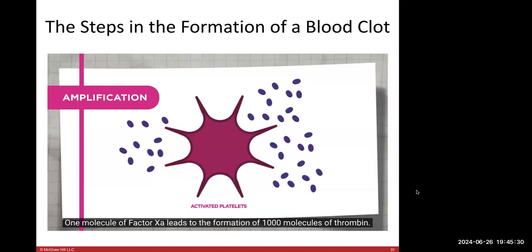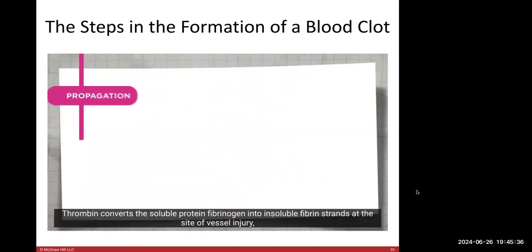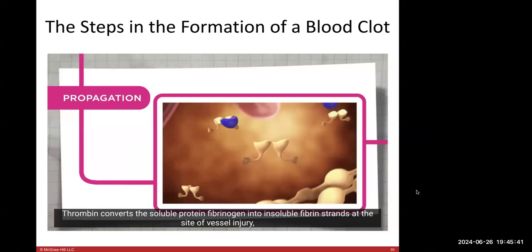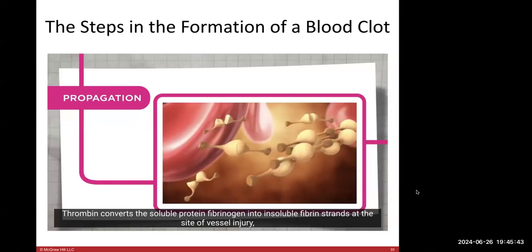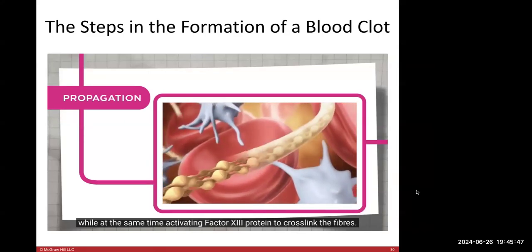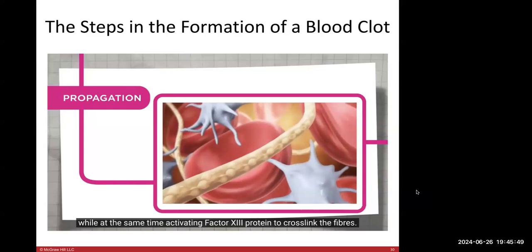One molecule of factor 10A leads to the formation of 1,000 molecules of thrombin. Thrombin converts the soluble protein fibrinogen into insoluble fibrin strands at the site of vessel injury, while at the same time activating factor 13 protein to cross-link the fibers.